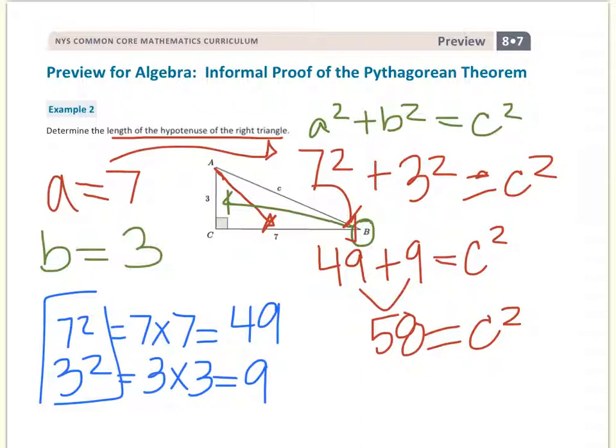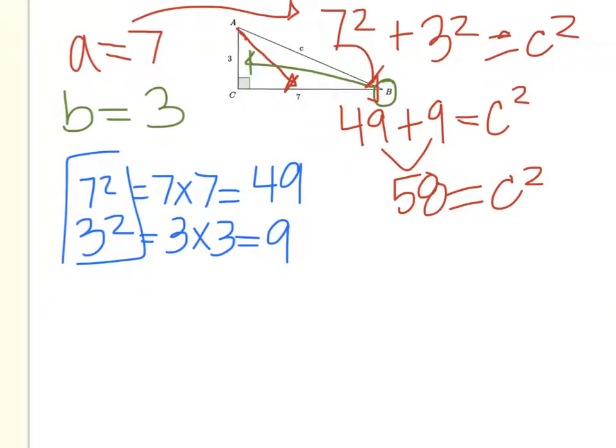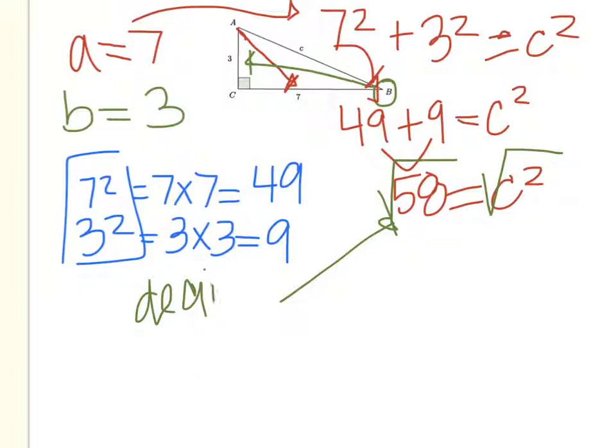If you were to take the square root of c squared and of 58, you're going to get a decimal. So that means that 58 is not a perfect square.